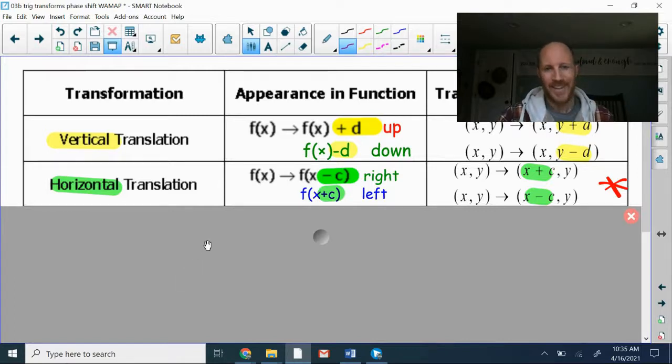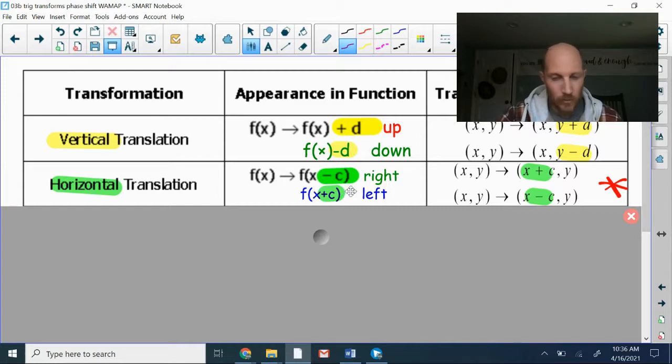And like amplitude, which had a special name instead of vertical stretch or vertical shrink, there's another special name for this translation as it applies to sinusoids. So horizontal translation, we just take the graph and slide it left or right across the x-axis. It works exactly the same, but for sinusoids it's called phase shift. And that's what we'll be looking at today.